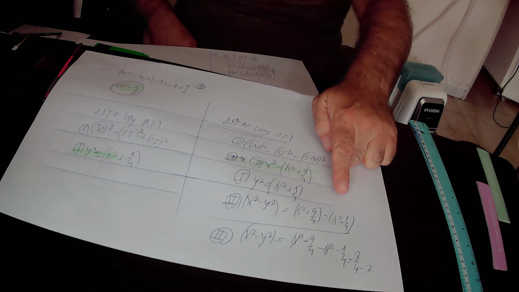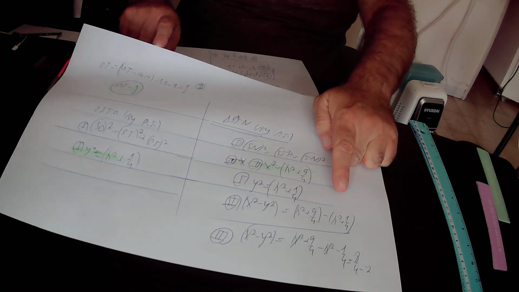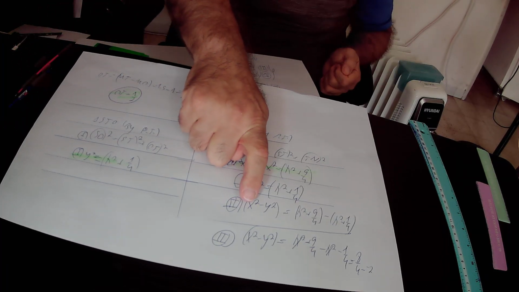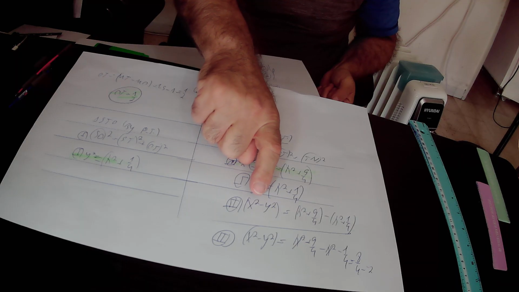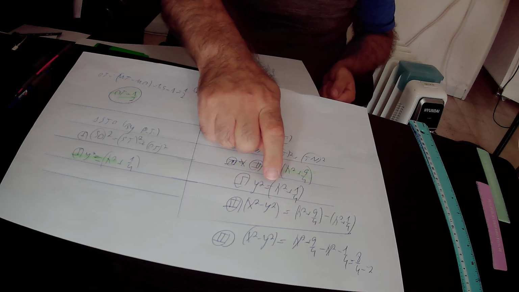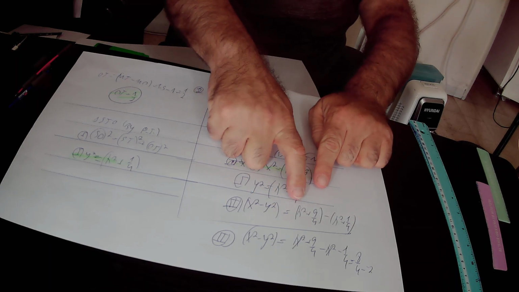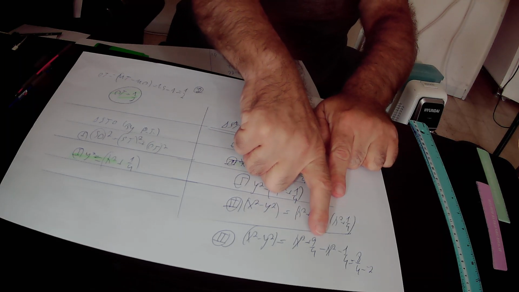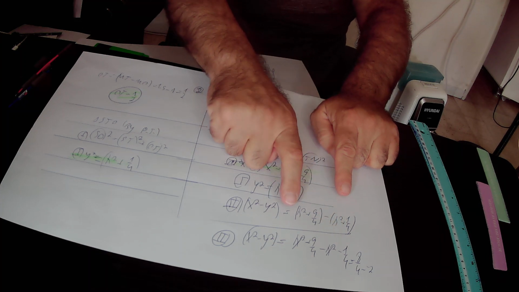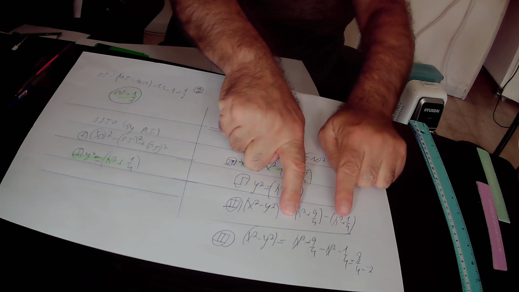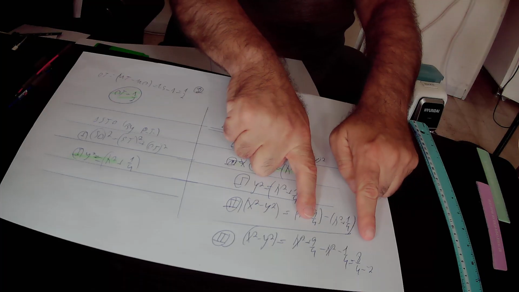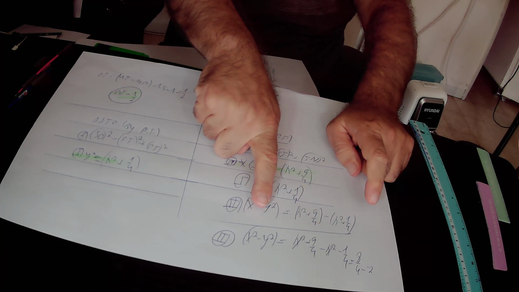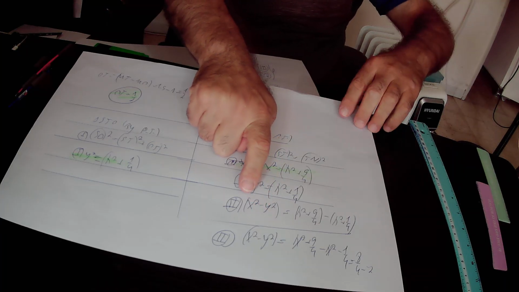Here we open the brackets: h squared plus 9/4, minus h squared, minus 1/4. h squared minus h squared is 0, and 9/4 minus 1/4 is 8/4, that is 2. So we found that x squared minus y squared equals 2 according to equation 3.